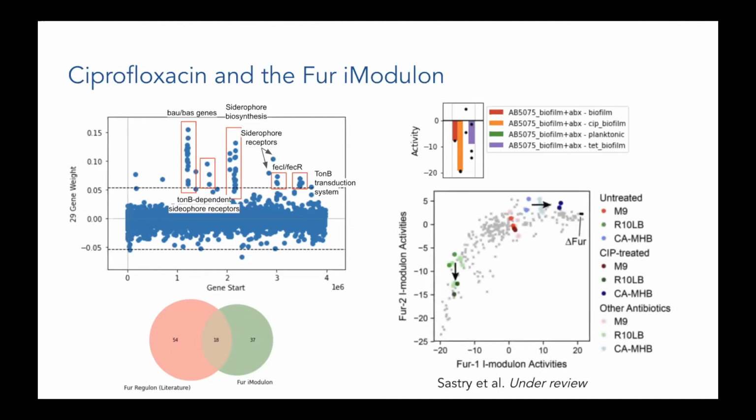Interestingly enough, we also did another study in this lab where we treated E. coli with cipro under different media conditions, M9, RPMI, LB, and CA-MHB. We found that under these different media conditions, the fur iModulons had different effects when we treated with ciprofloxacin. So there's clearly a link between cipro, fur, iron concentration, and iron uptake in these different bacteria that needs to be discovered.